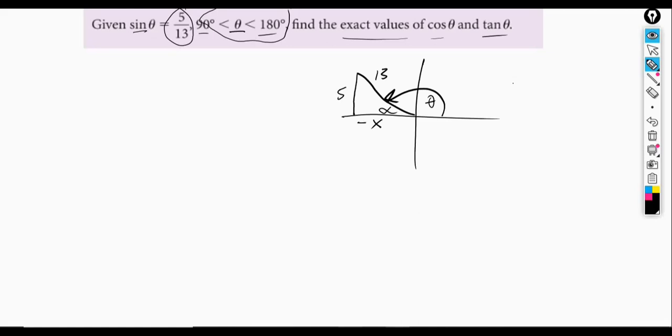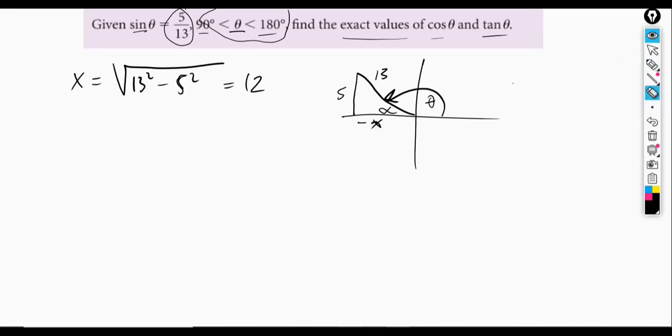So what is x? X would equal, using Pythagoras, the square root of 13 squared minus 5 squared. And this is going to equal 12. Okay, so that means that this coordinate here for x should actually be negative 12.